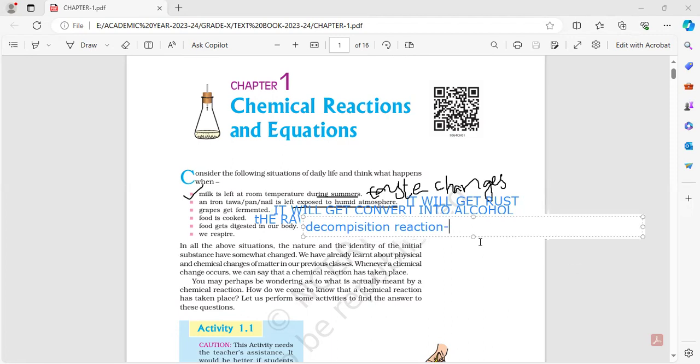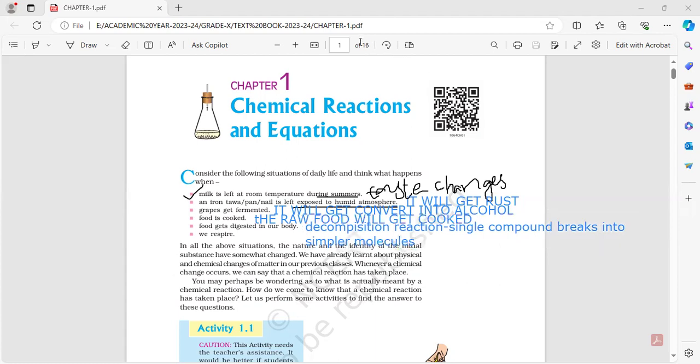Suppose you take food as a whole, one single compound; a single compound breaks into simpler elements or simpler molecules. You may also remember it like this, simpler molecules.